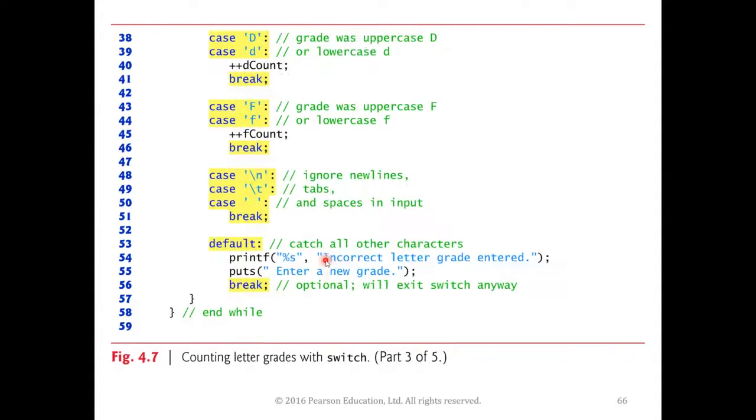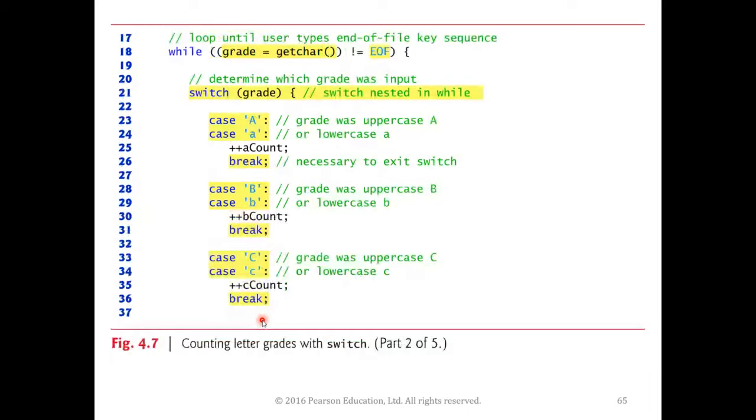Once it breaks, what that means is you are coming out of the switch statement and you're coming down here. When you're coming down here, because you're inside a while loop, you are going to go back up to the while loop, and then the program will check, okay, what is the next key that the user pressed.